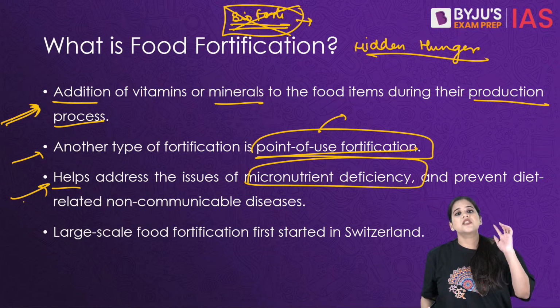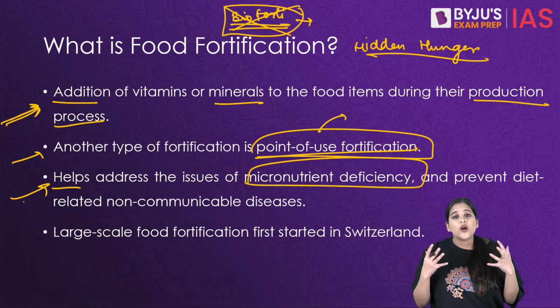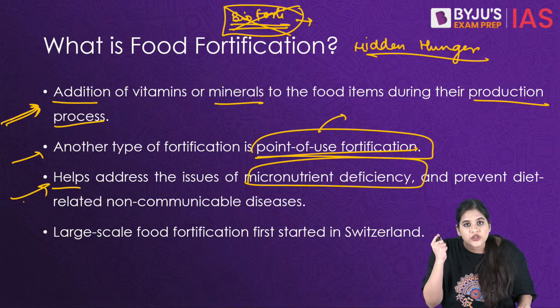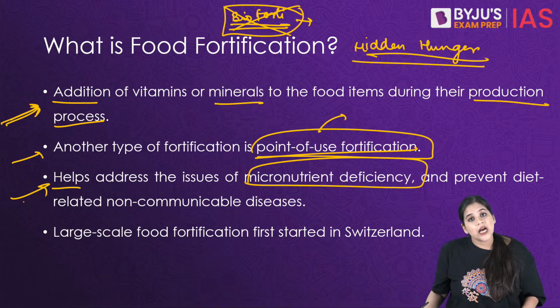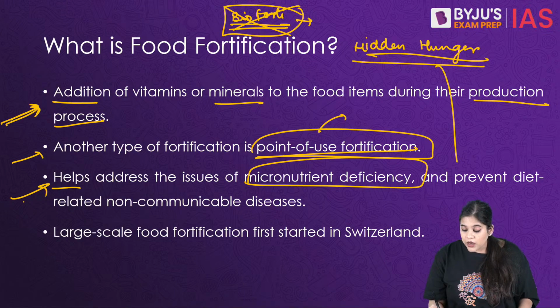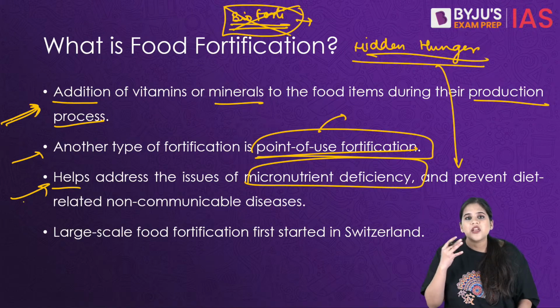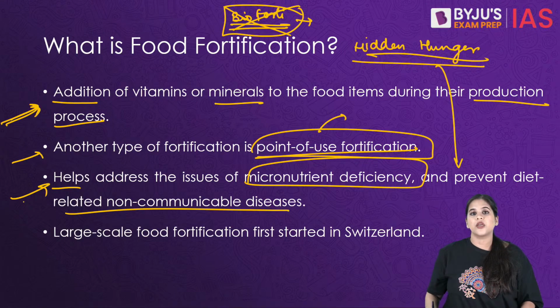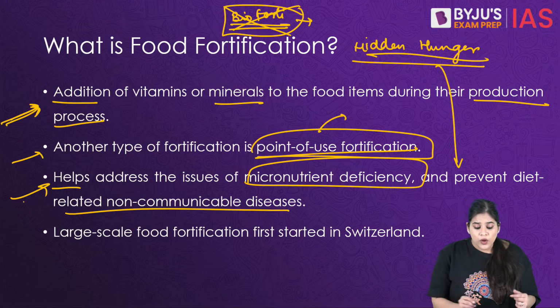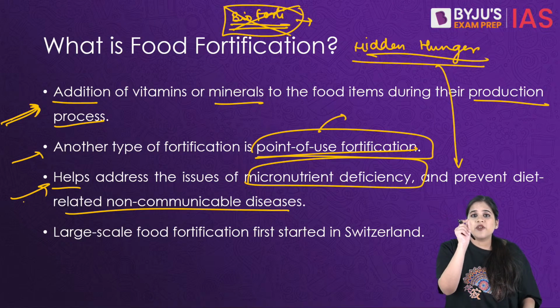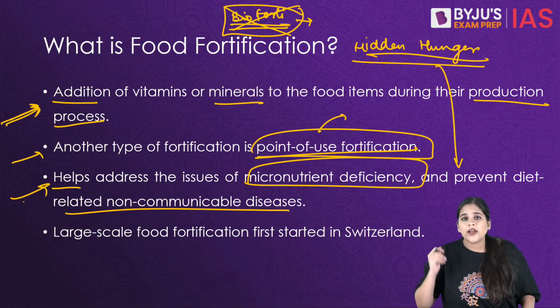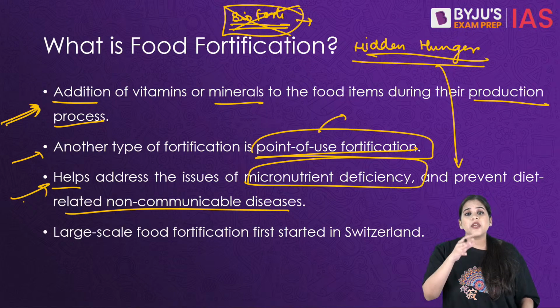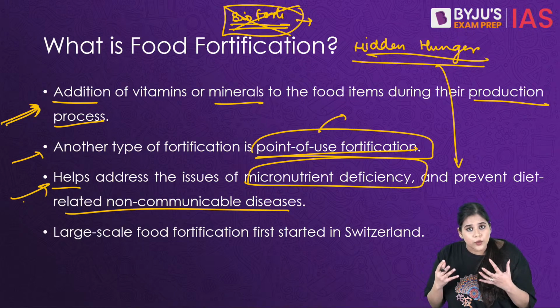So even though their stomachs are full, their body is not getting the proper nutrition, and this is known as hidden hunger. Hidden hunger is responsible for various diet related non-communicable diseases. Like, less amount of vitamin A in your diet can cause night blindness, less amount of vitamin B can cause beriberi, and so on, right?